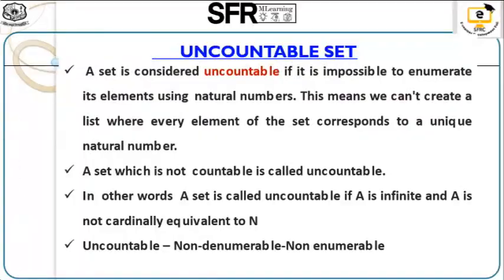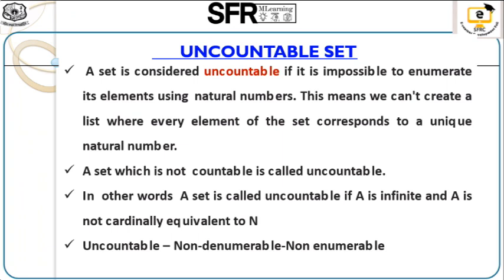Next we see the uncountable set. A set is considered uncountable if it is impossible to enumerate its elements using natural numbers. That is, there is no one-to-one correspondence between the set and the natural numbers. In other words, a set A is countable if there exists a one-to-one correspondence between A and the natural numbers.